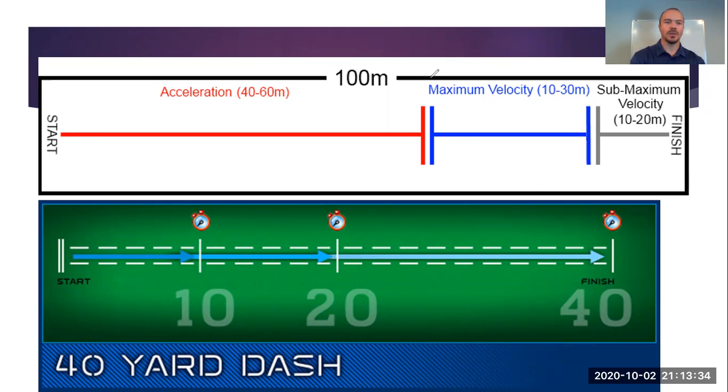All right, so let's look at our 100-meter sprint briefly. So we talked earlier about how an athlete is going to tend to pretty much finish their acceleration in the first 20 meters. Well, that might be true for sport athletes who are not as highly trained or specified as a track sprinter.